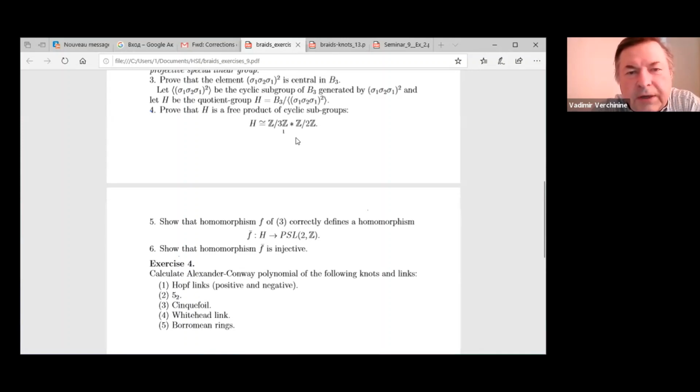There is a group of 3 elements, and here a group of 2 elements. So let us look at our stuff.